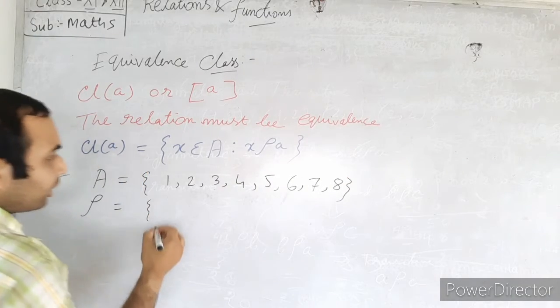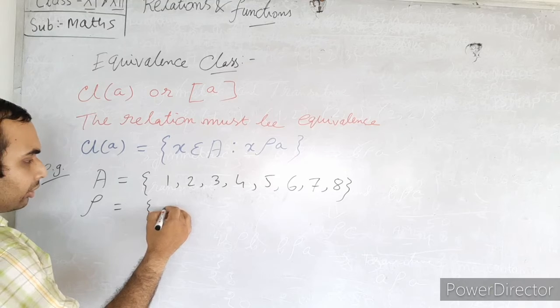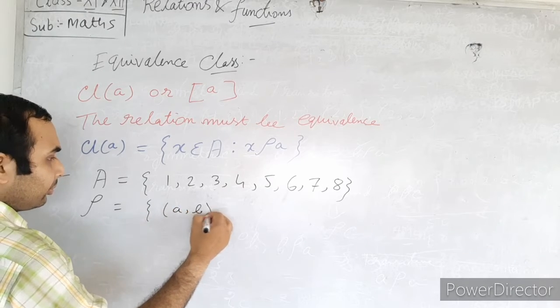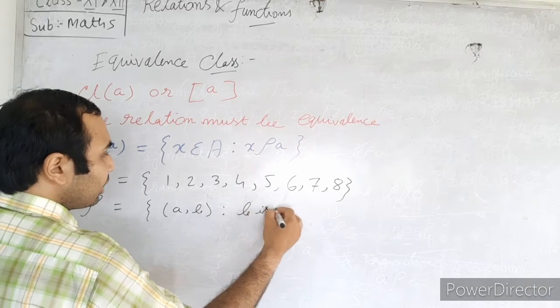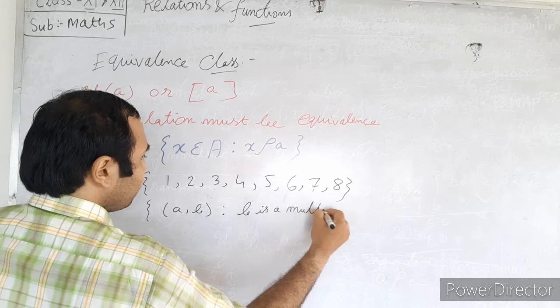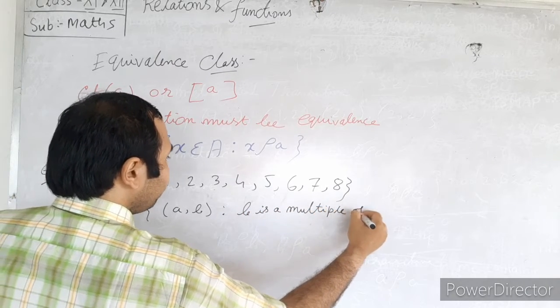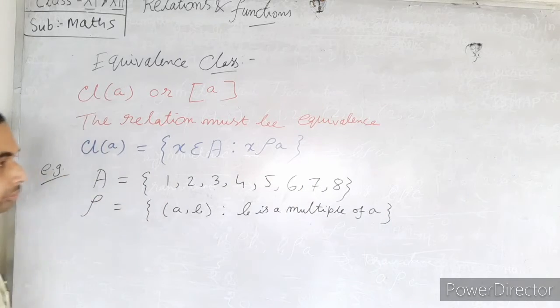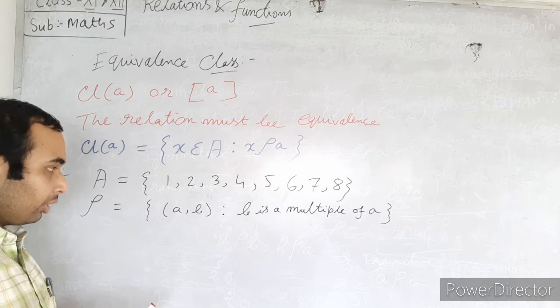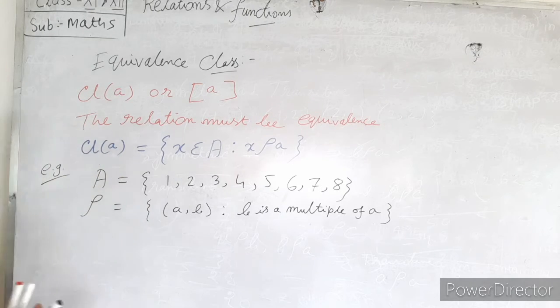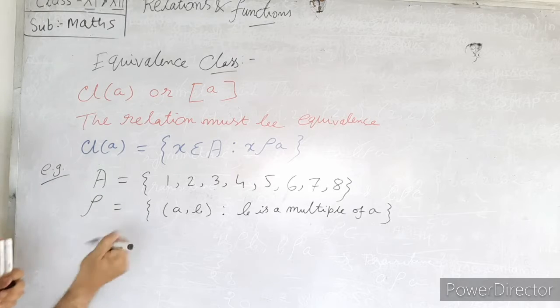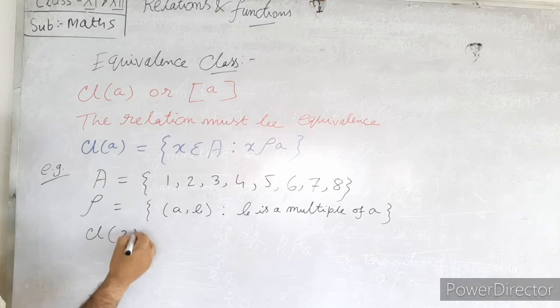We are making the relation (A, B) such that B is a multiple of A. If this is the relation, then let us find the equivalence class of 1 or 2 at first. Class of 2.